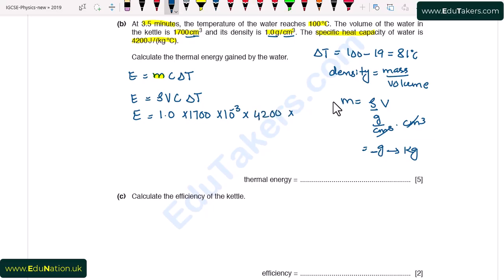Multiply by change in temperature, that is 81. So the energy comes to be 580,000 joules. The unit of energy is joule. That's why the thermal energy will be equal to 580,000 joule.